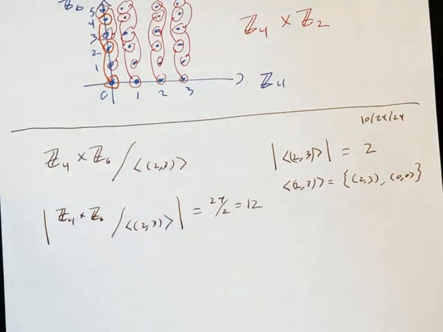So I didn't collapse them separately from one another. My actions weren't independent. They are connected viscerally. I get a much larger group than I originally expected.